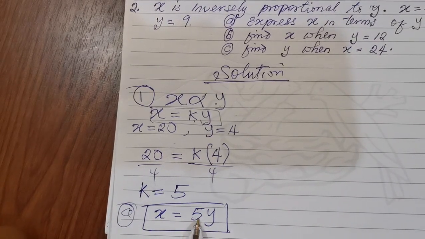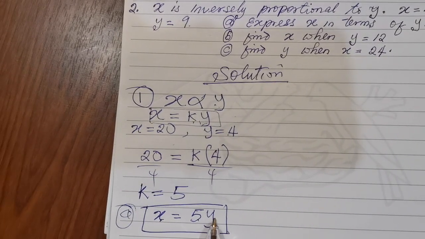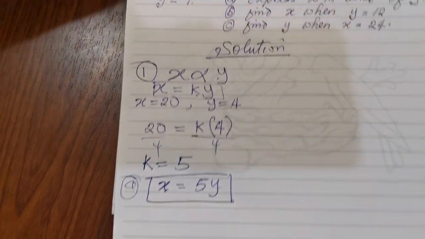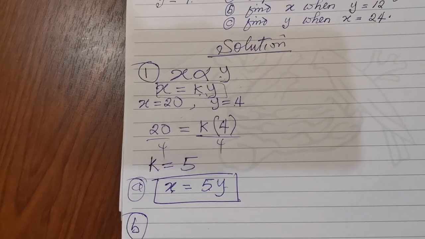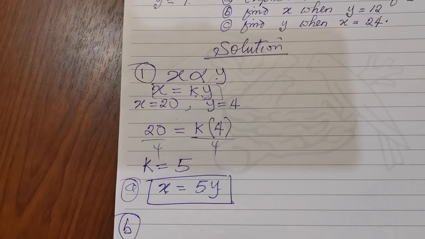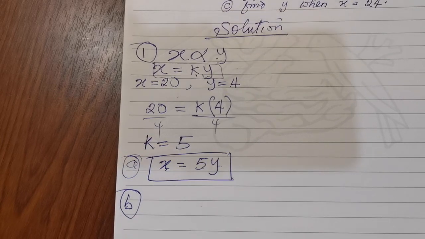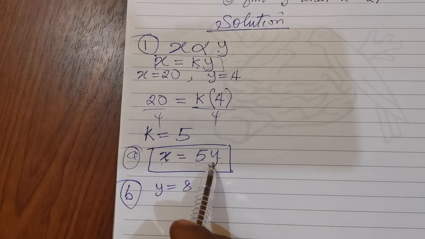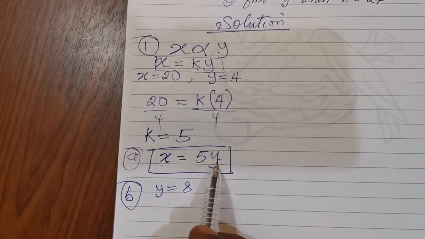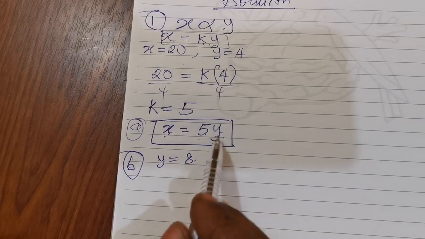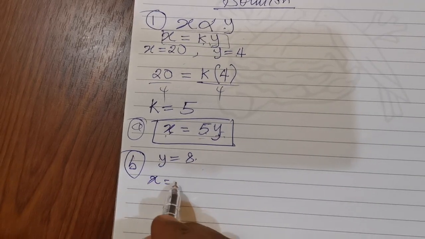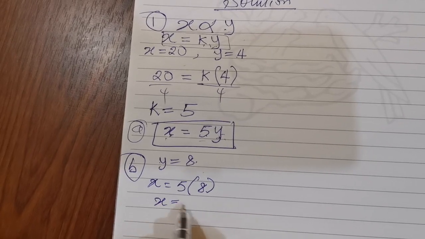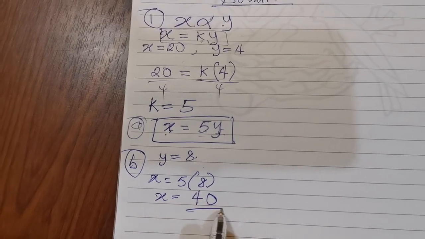Okay, the B part says find x when y is 8. I will always use this equation to find any other value. So x will be 5 times 8, and 5 times 8 is 40. So x is 40.